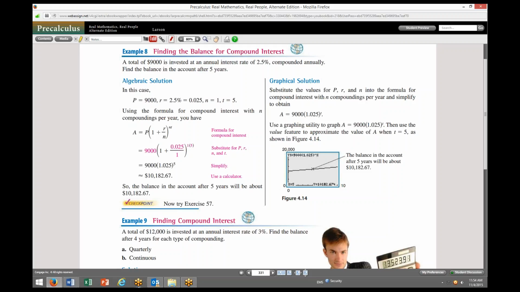To figure the amount of interest, all you have to do is take the ending balance and subtract the original amount that was invested or deposited, and the difference is the interest earned. The capital A amount that the formula outputs is not the interest earned; it's the total account balance, including the original deposit plus the interest earned. Okay.